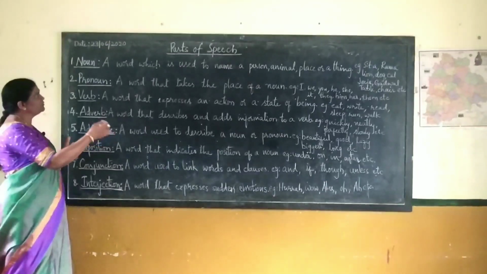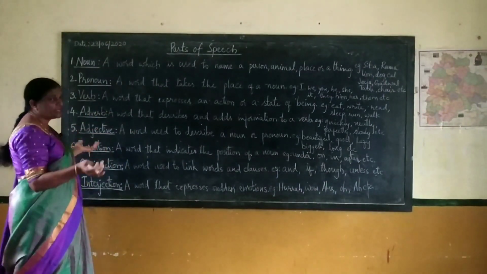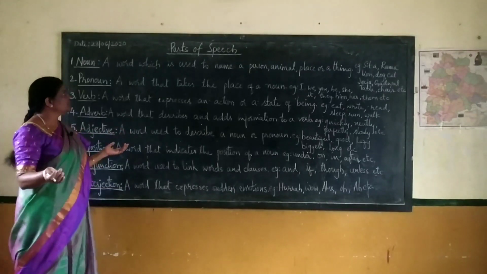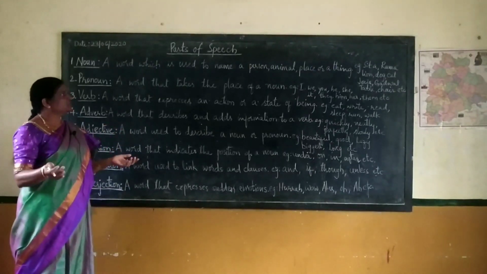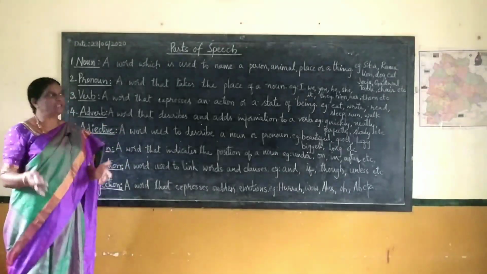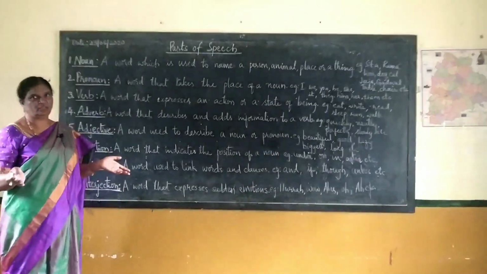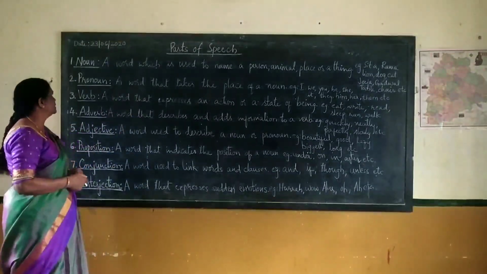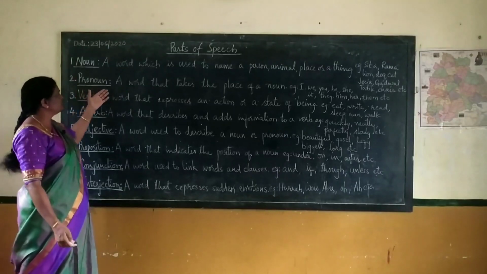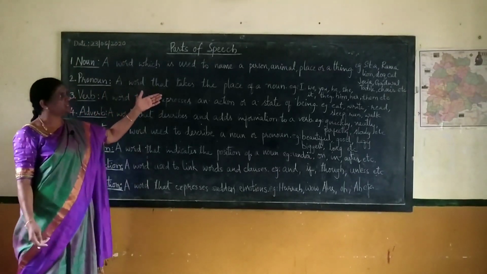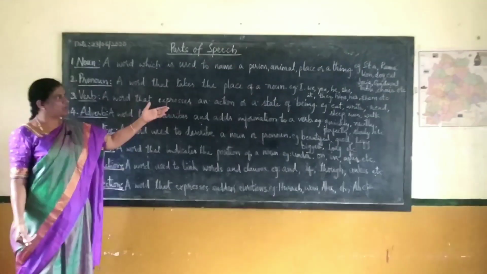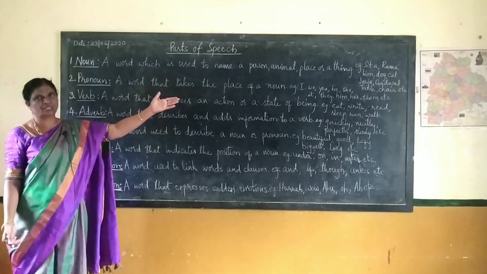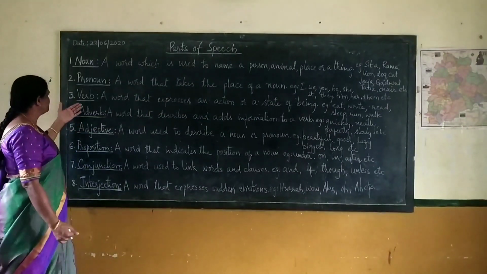Again, in detail we have learned what a noun is. A noun is a word used to name a person, animal, place, or thing. The examples are given. And pronoun, what is a pronoun? A word that takes the place of a noun. Some examples are given there. And what is the verb?